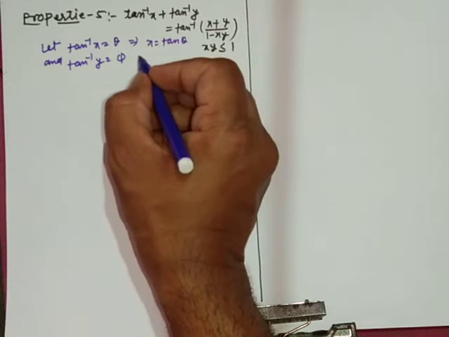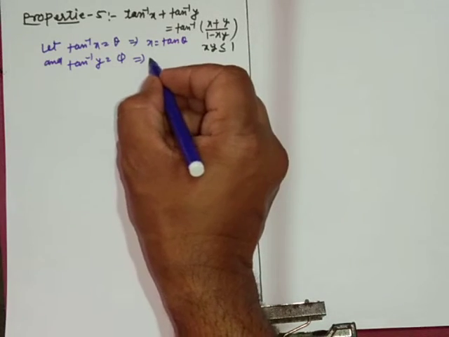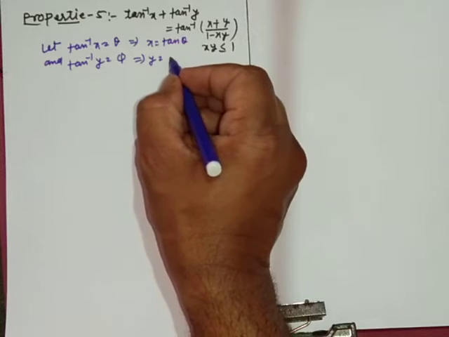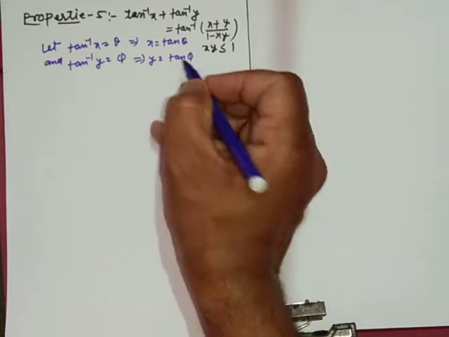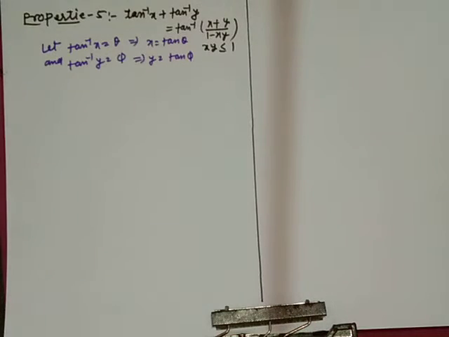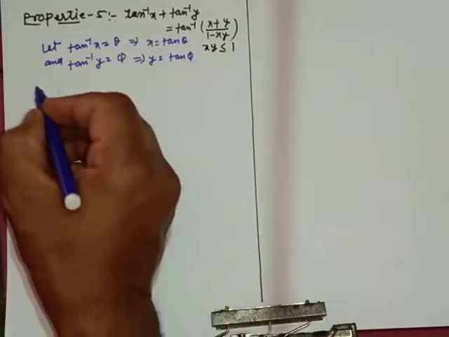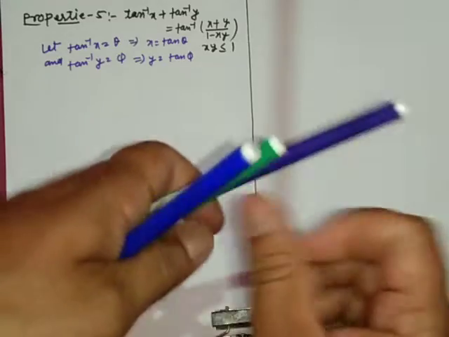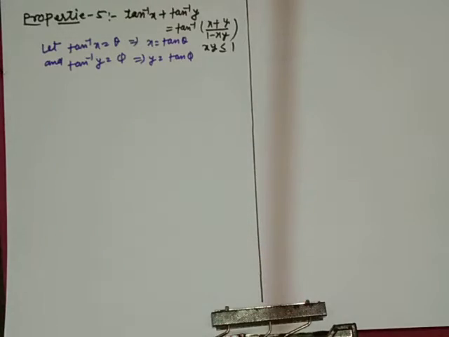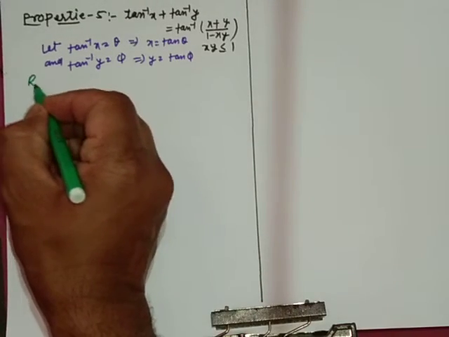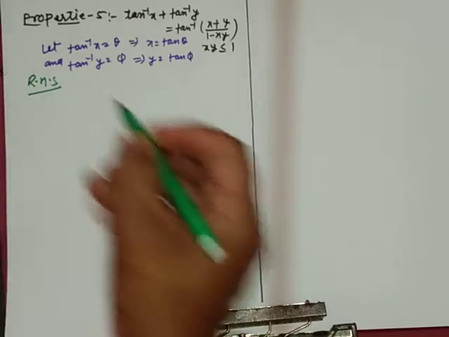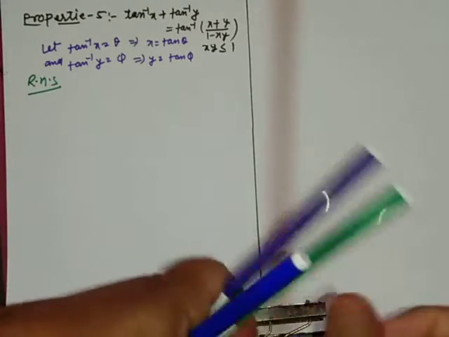Tan theta, and further y is equal to what? Tan phi. Clear? Now we can use these values with the given right hand side, so we let it be RHS, right hand side.